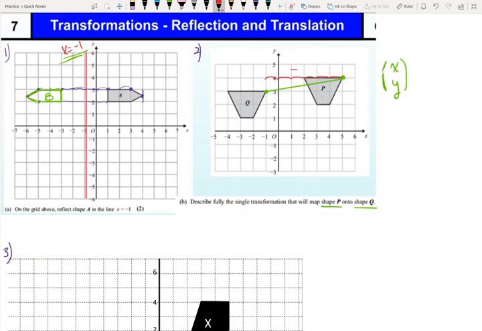So this is -6 because you've moved to the negative side, and then you went 1 unit down along the y-axis. So since it's down, it's -1. So the single transformation is the vector whose components are -6, -1.